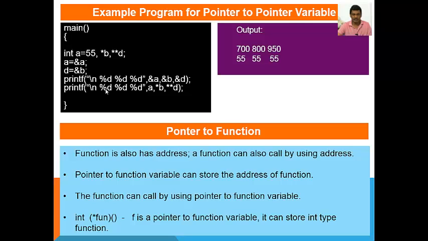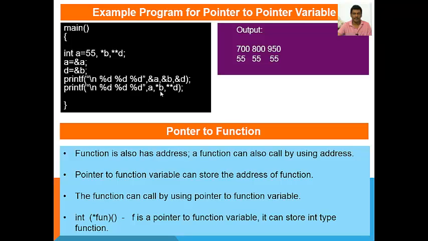Percentage d, percentage d, and a, and b, and d. So what is the address of a? As per our example, ampersand a is 700, ampersand b is 800, and ampersand d is 950. In the next line, if we put a, it displays 55. What is b? b equal to ampersand a, so the address of a is stored in b.